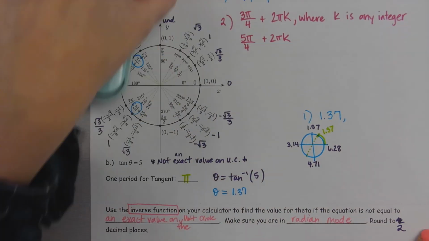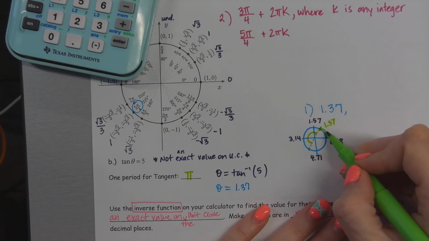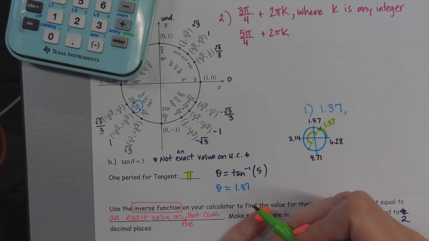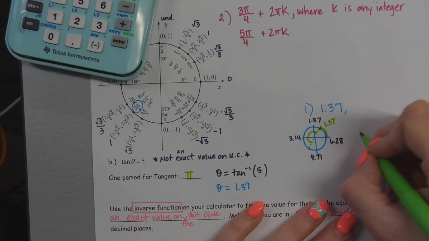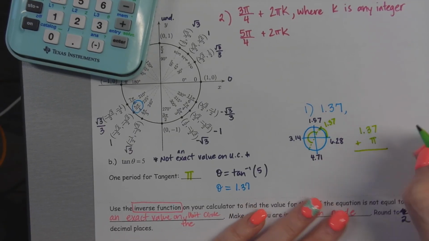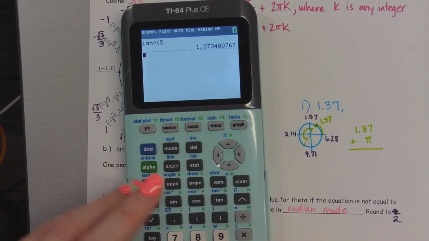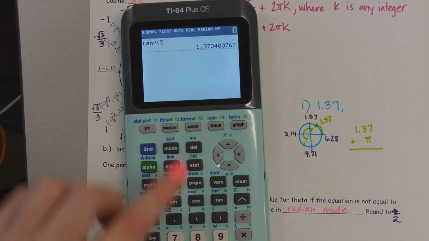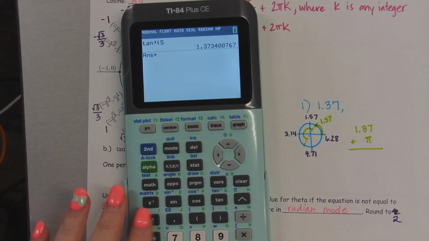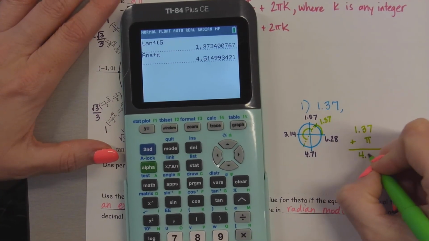So to find that, I just have to take the given angle, the 1.37, and what can I add to that? Pi. And we are going to use the pi button, not just the 3.14. And so you can actually just take that answer and do plus pi to get 4.51.